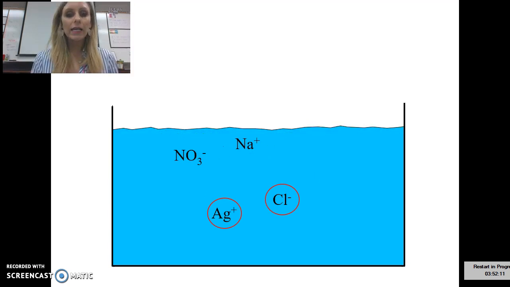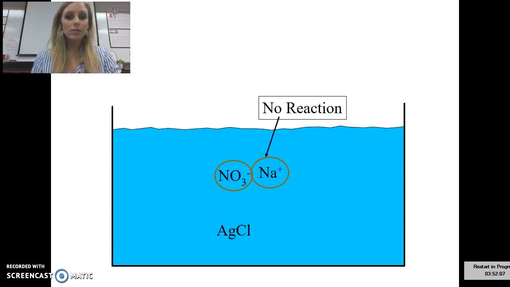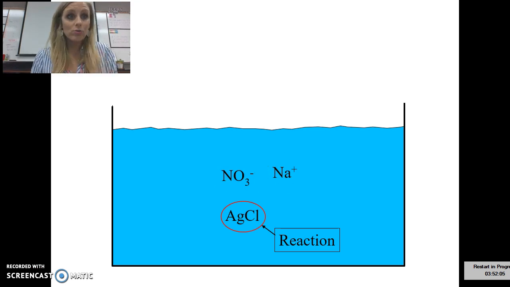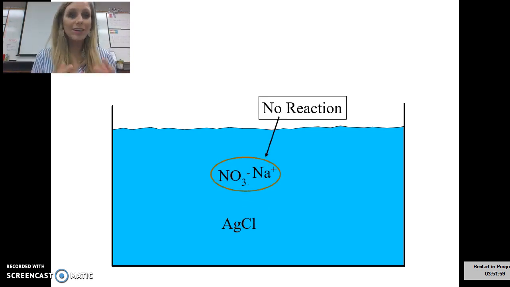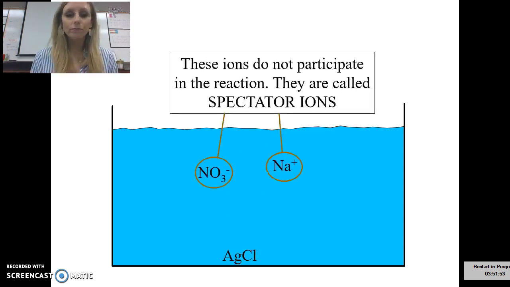Okay, so we're going to look at it again. There's your silver chloride. This is your reaction, because you see it forming a new compound. These are no reaction because they don't actually get together and form a new compound. They're just floating around as ions. These ions do not participate in the reaction.